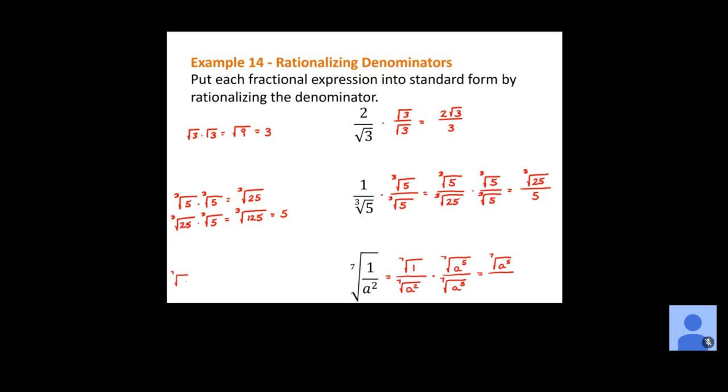We're multiplying the seventh root of a squared times the seventh root of a to the fifth. That's going to give us the seventh root of a to the seventh. And what is the seventh root of a to the seventh going to be? Just a. Good. So in our denominator now, we're just going to have a.